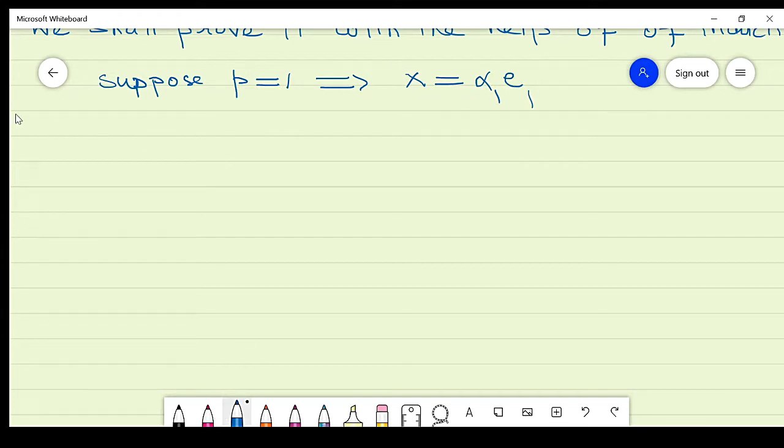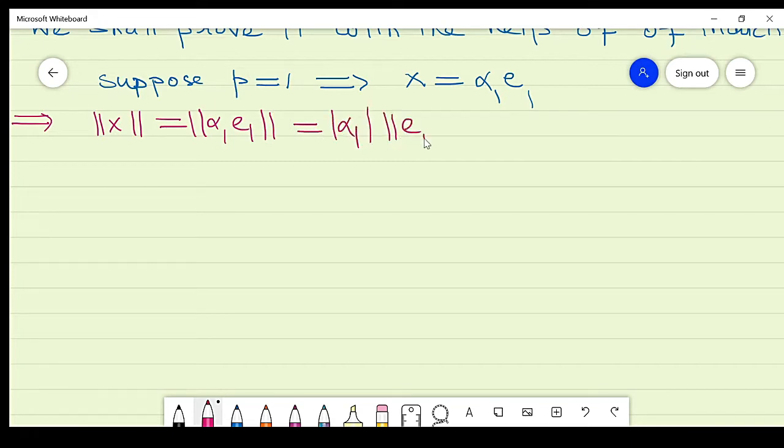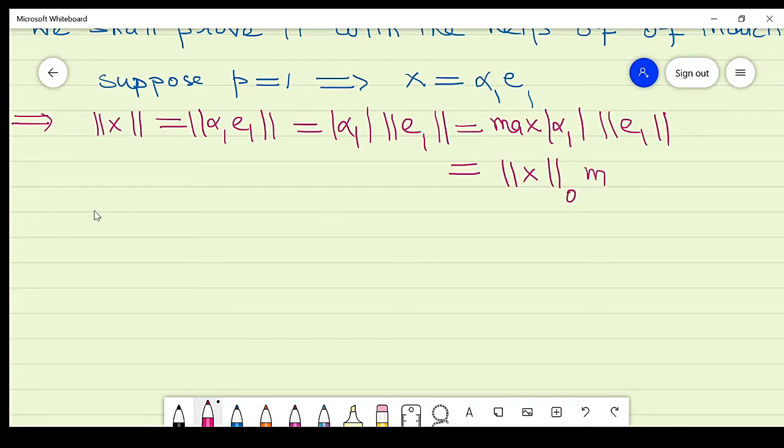Clear? So very simple. Then it implies norm of x, which is the norm of alpha 1 e1, which is the absolute value of alpha 1 into norm of e1, and this value is at most the maximum value of alpha 1, because it is a single value, so its maximum is itself, into norm of e1, and this is norm of x0 into m, where small m is equal to norm of e1, right?